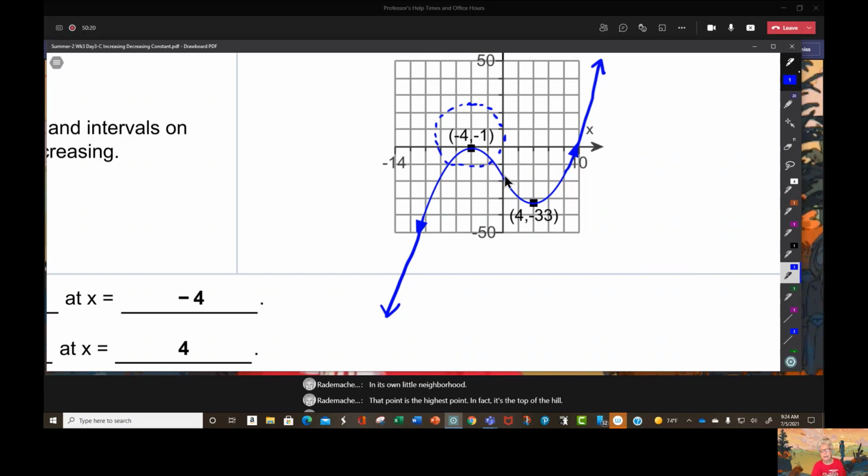And then you go down again, not to the lowest point on the graph, because any point down here would be lower, but in its own little neighborhood, this point would be the lowest point. It's a valley. So you have a hill and a valley.